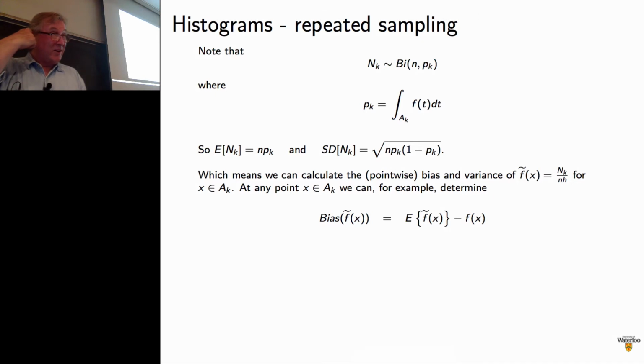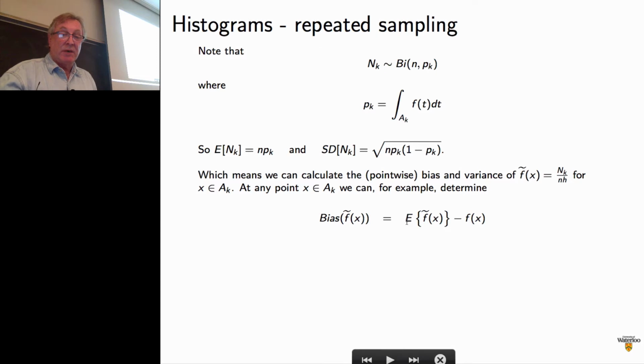And that means, for any x, I can think of this estimator and evaluate what its bias is. The bias is just the expected value of the random thing minus the thing you're trying to hit. So that's our target, that's what we're using, and here's the average of it. How far away are you, on average, from the target? What's the expected value of f tilde of x?